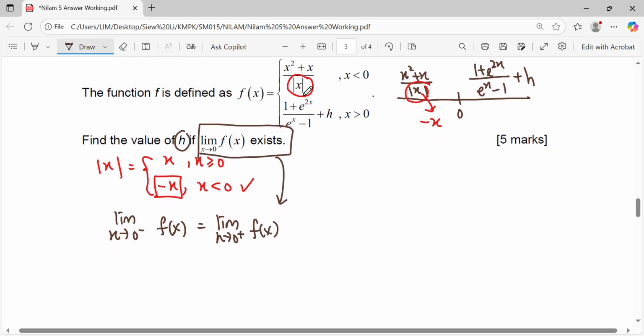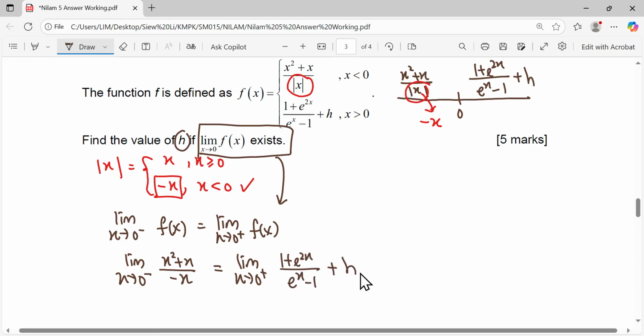So from that information, we select our function here. When x approaches 0 from the left, it is the function x squared over modulus x, with modulus x represented in the piecewise interval less than 0, which is negative x.